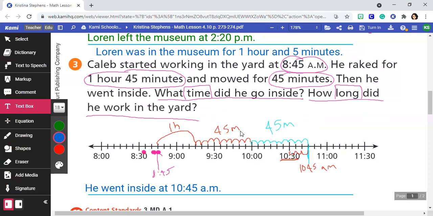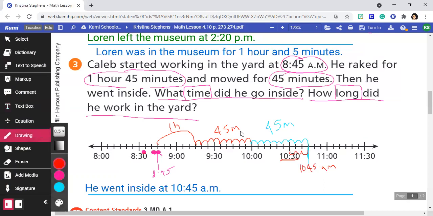So I am going to combine the minutes first. So I know that I've got the 1 hour, but I also have two different times of 45 minutes.